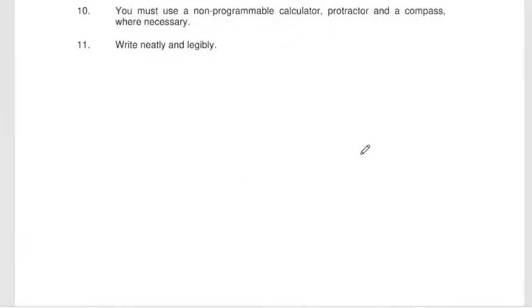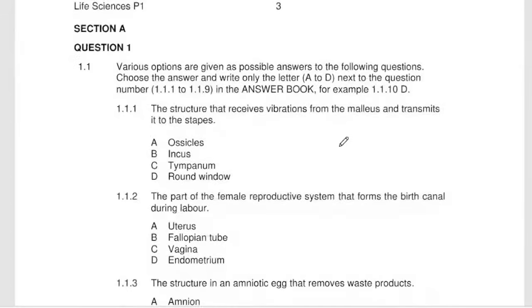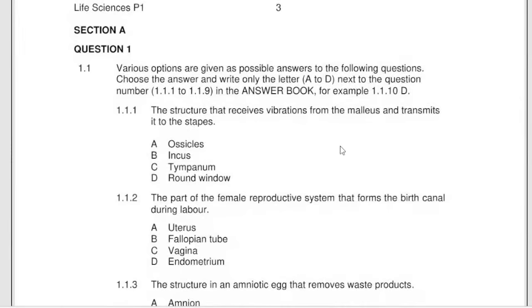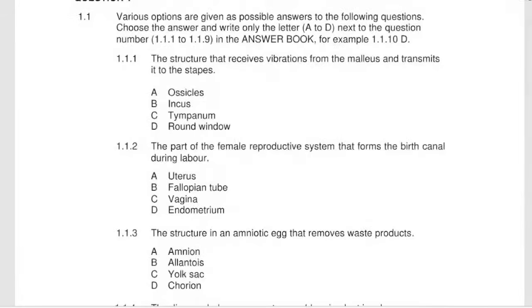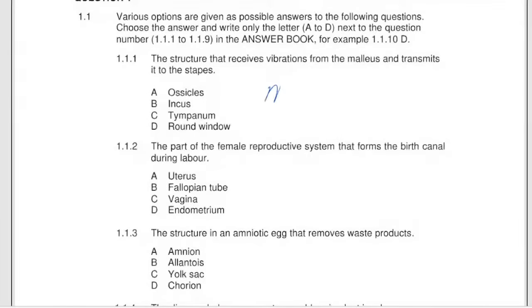So the first question: the structure that receives vibration from the malleus and transmits it to the stapes. Remember, don't forget the ossicles, which are malleus, incus, and stapes.